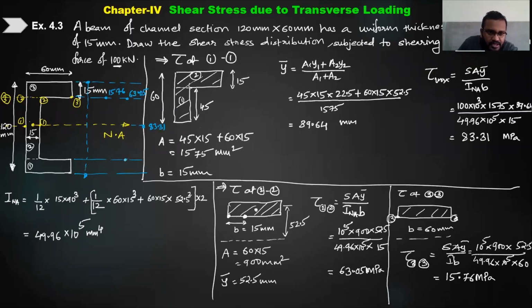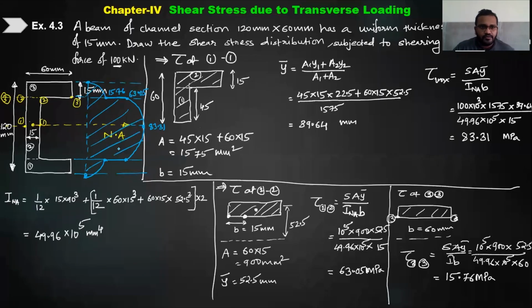Then again 63, again 15, and then again 0. You know that the variation is parabolic. So this is a parabola, then a straight vertical line, then again a parabola, then a straight line, and then again a parabola. So this is the shear stress distribution across the cross section. Have you understood this? Yes or no? Yes, sir. Okay.